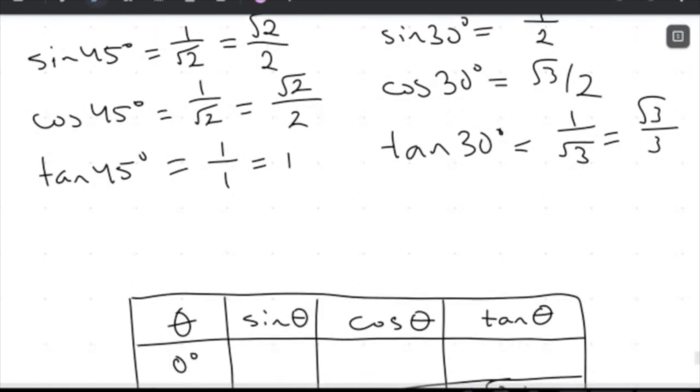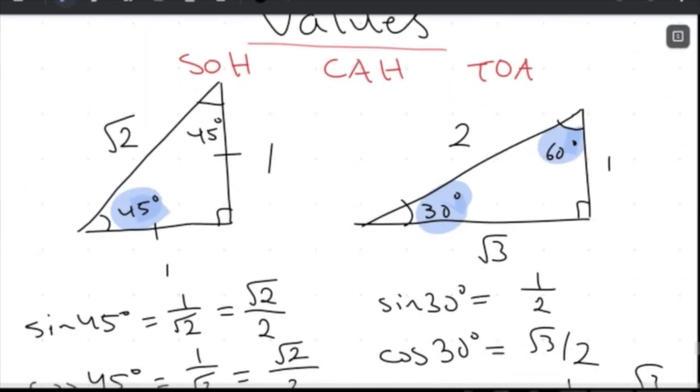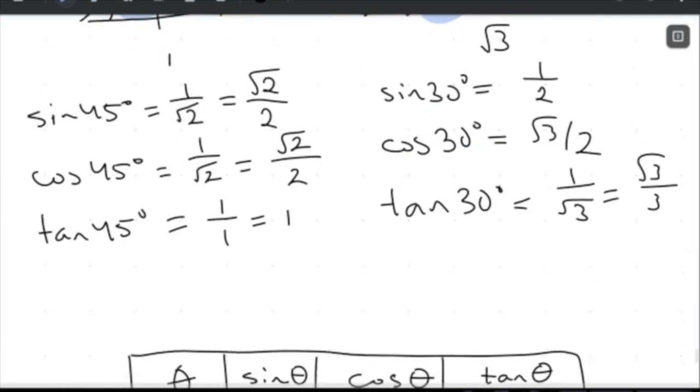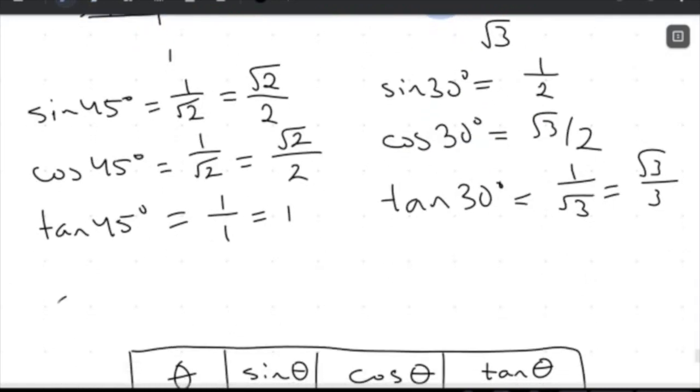Okay, at the very end we're going to try the 60 degrees here. So first of all, my sine of 60 is going to be root 3 over 2, because I have my opposite side to the angle, and my hypotenuse gives me root 3 over 2.